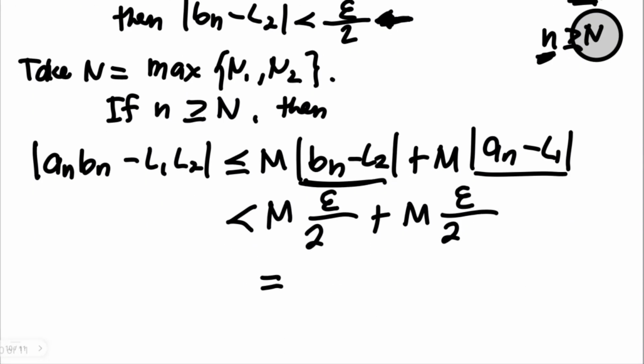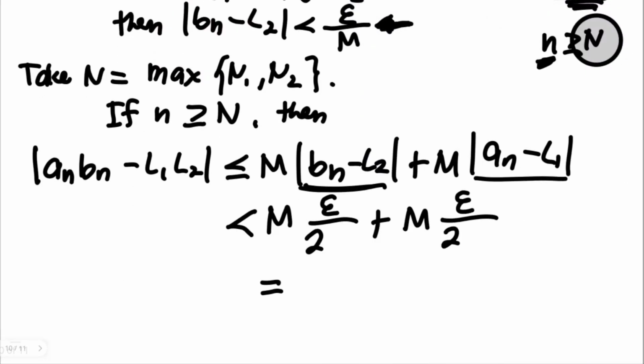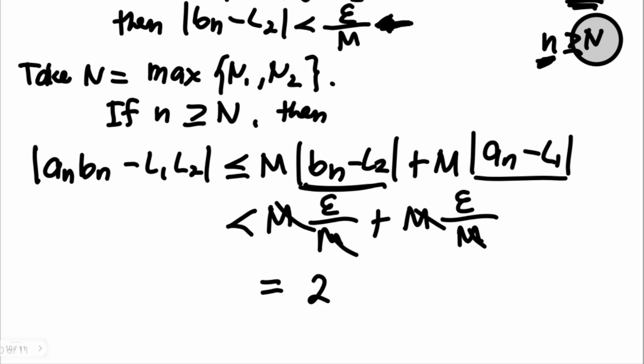If you use epsilon over m here, sorry for making this video longer, this is epsilon over m here as well. You will see that the m will be cancelled out, but you will have twice epsilon. What we really need is just epsilon.